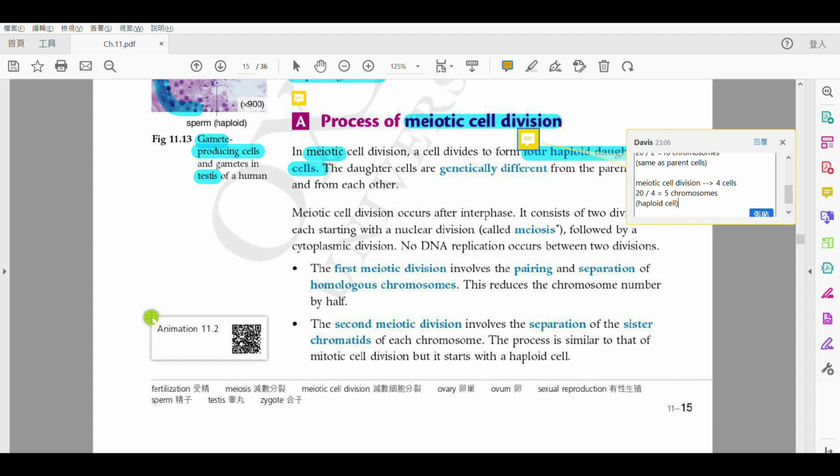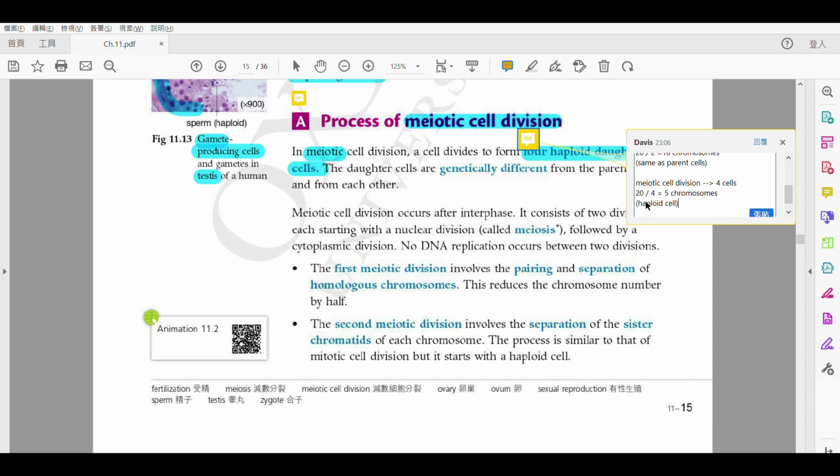Alright, but remember one thing, this way of teaching is wrong. The way I teach you to think is not correct. Alright, I'm just letting you know that somehow there is a relationship between the number of chromosomes and whether it is a haploid or diploid cell.